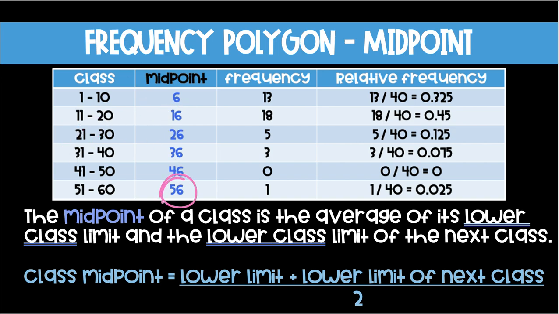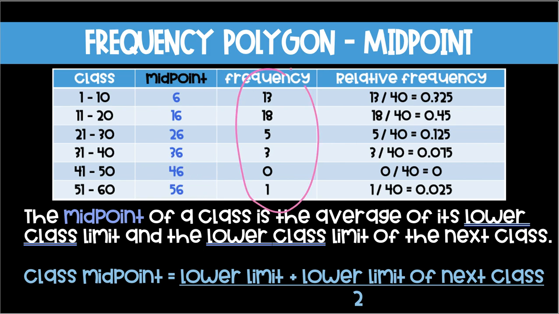For the last midpoint, just construct a next class using the exact same class width, or just find the pattern here. 6 to 16 is 10. 16 to 26 is 10. 26 to 36 is 10. So we can calculate that our next midpoint after 46 will be 56.